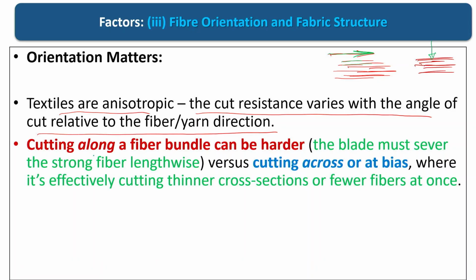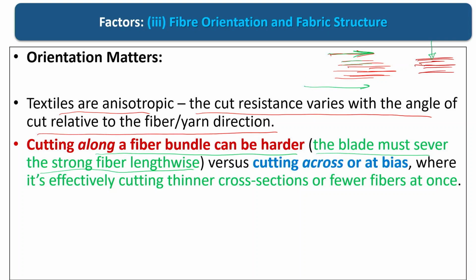So, cutting along the fiber bundle can be harder, it will be difficult when the blade must shear a strong fiber along its length. So, this is the stronger fiber.